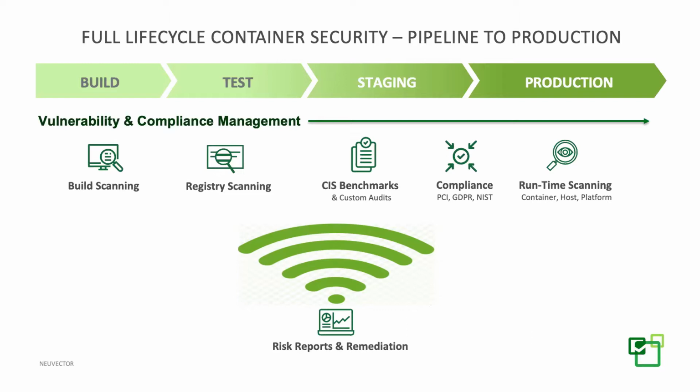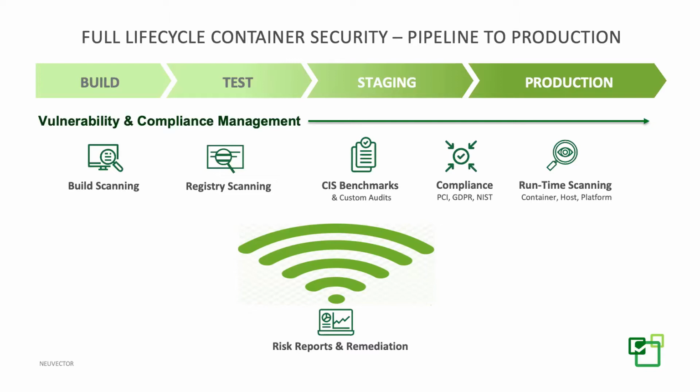Once it passes the build phase, it typically gets stored in a registry. And that's where NeuVector will be able to scan the registry for vulnerabilities as well. And this is really to make sure that you may have had approved images in the registry, but a week later, a critical vulnerability was discovered in that image.